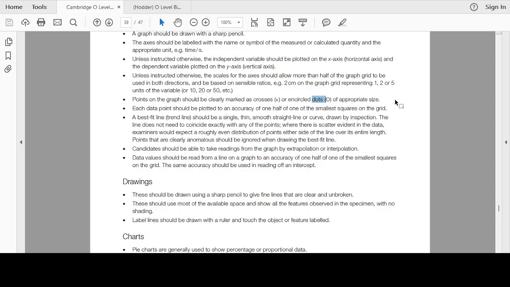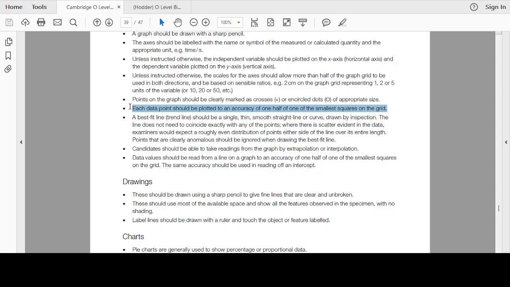And so you're just putting like a pencil dot over there and circling it perhaps, or putting a cross over it, but that's it. You're not going to make it thick, saying it's easier to read. No, don't do that. Each data point should be plotted to an accuracy of 1/2 of one of the smallest squares.